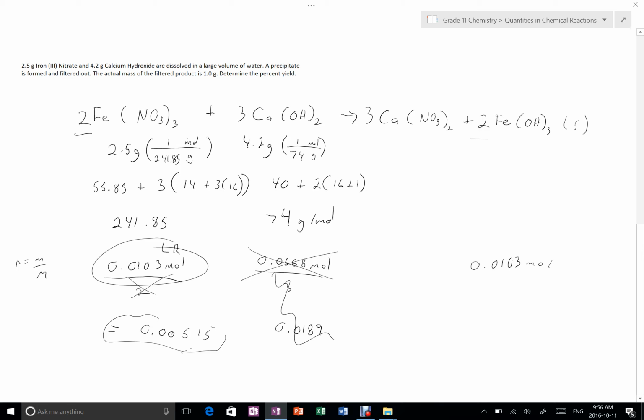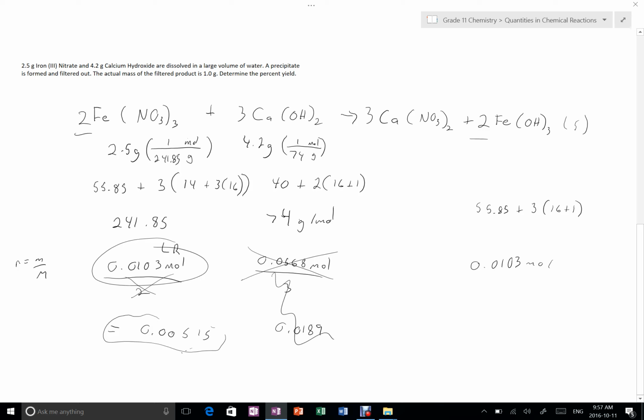So I need the chemical formula here. 55.85, that's the iron, plus 3 times 16 plus 1, plus 3 times 17 plus 55.85.